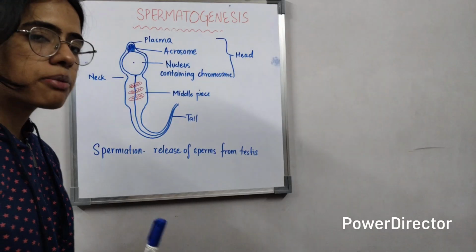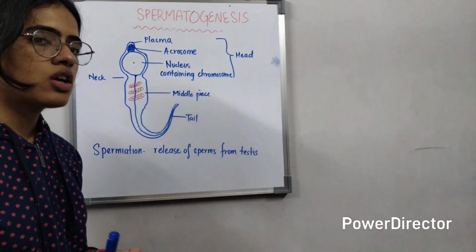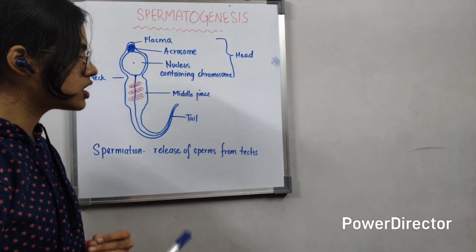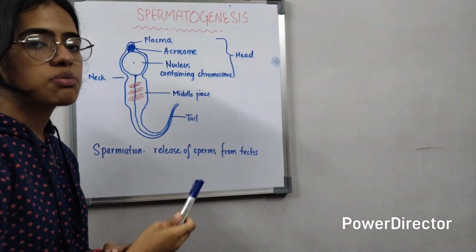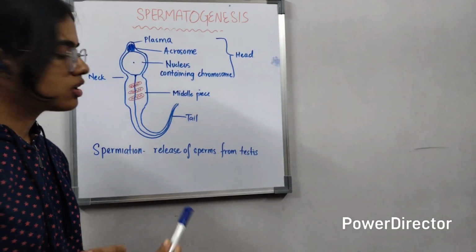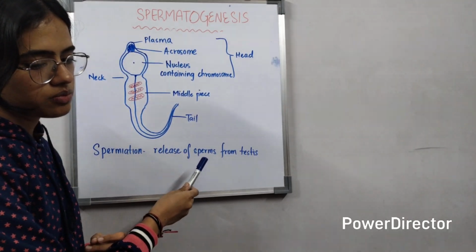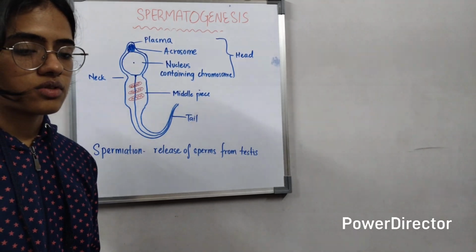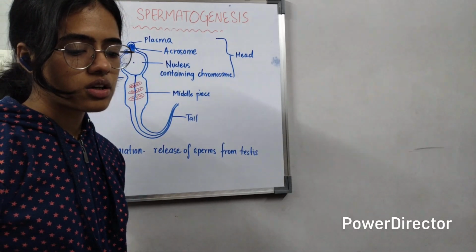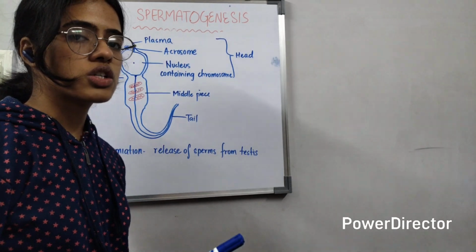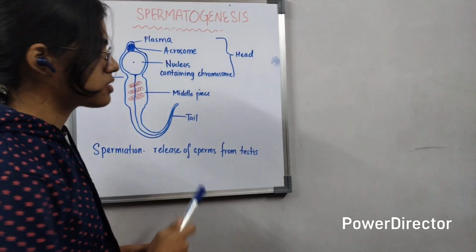These secretions provide the nutrition required for the nourishment of the sperms, for their maturation, and also the motility of the sperms.